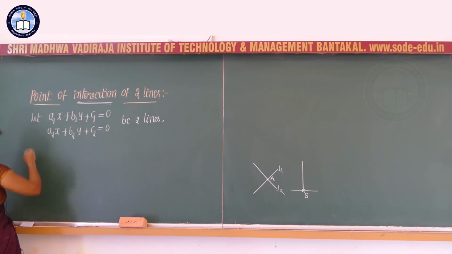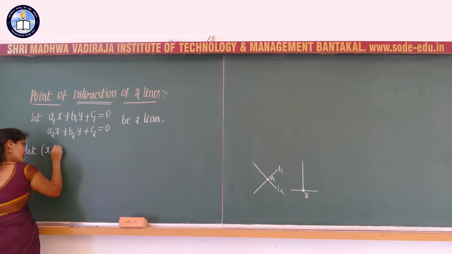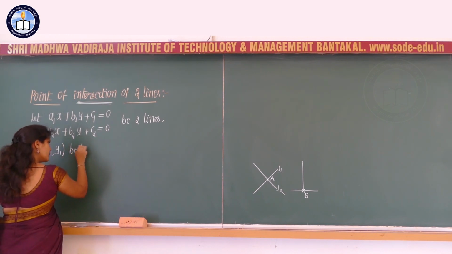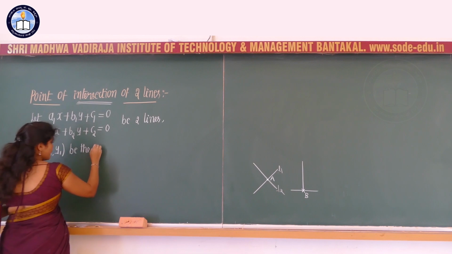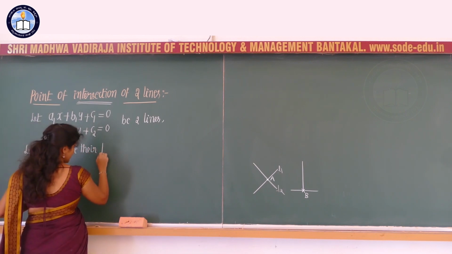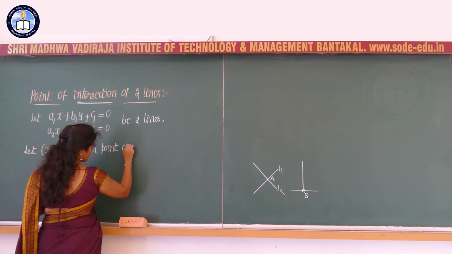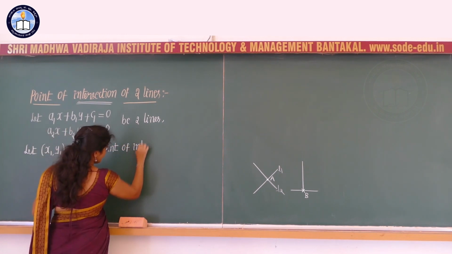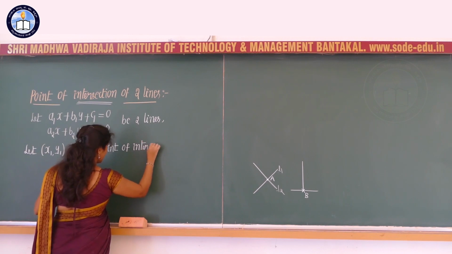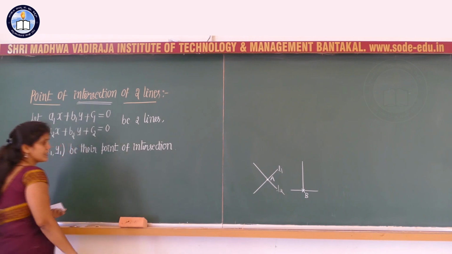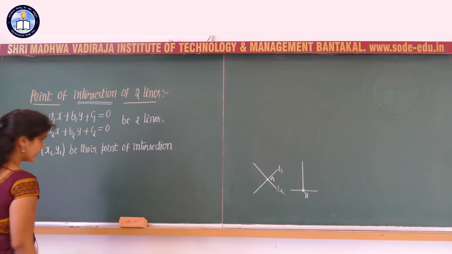And I can write this as let ordered pair x1 comma y1 be their point of intersection.